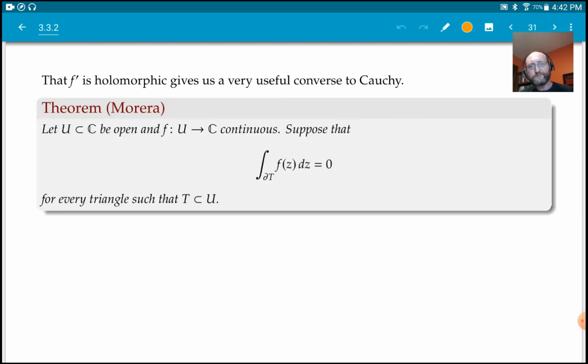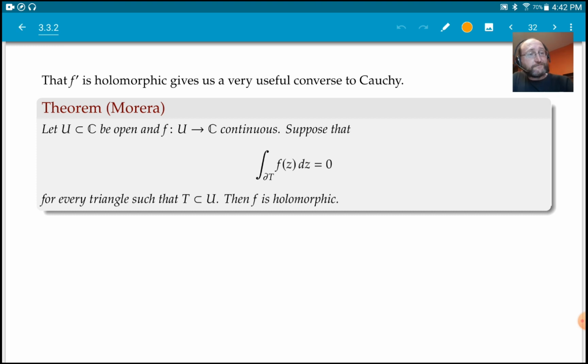So suppose that we have a continuous function f, and suppose that its integral over any triangle that's contained in U, and by that we mean the solid triangle is in U, but we're integrating over the boundary, but we want the entire triangle to be in U, is zero. So if this is true, then f is holomorphic, right?